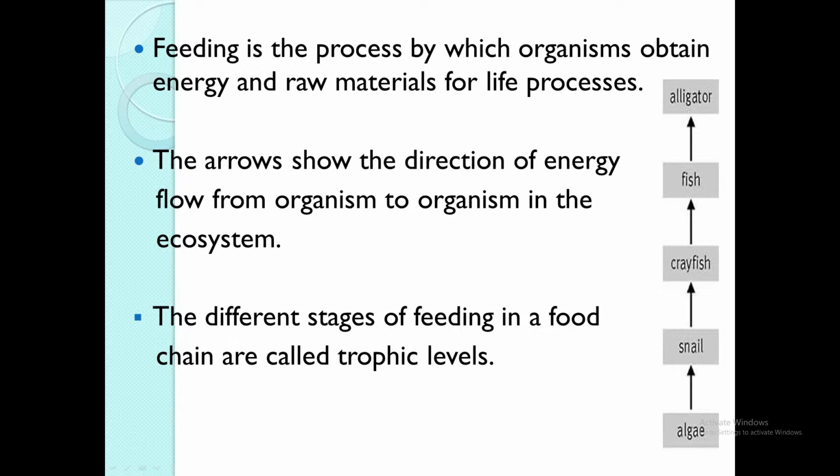And remember yesterday we would have looked at ecosystem, which simply means where you have a community of different living organisms and they normally feed on each other. So the ecosystem is very important in terms of you being able to understand food chain.